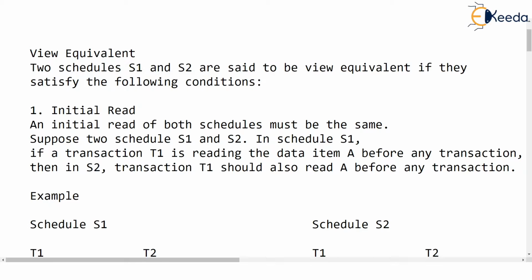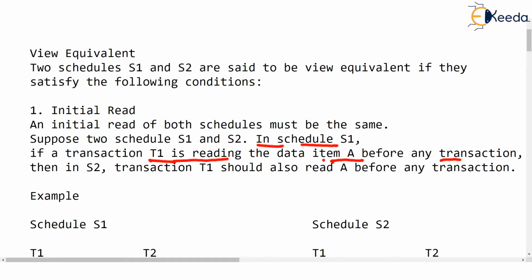Very simple conditions. What do you mean by initial read is that we are given two schedules, S1 and S2. Now if there is a data item A and it is getting read in one of the schedules, say S1, and in the schedule S1, suppose T1 is reading that data item A before any other transaction.